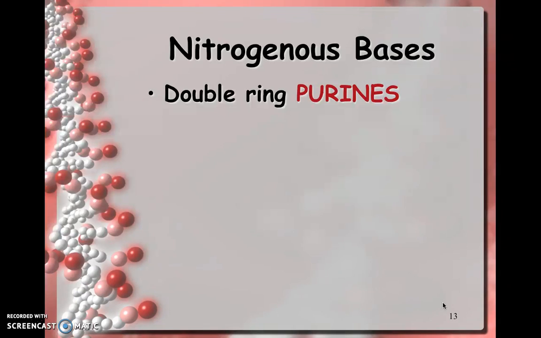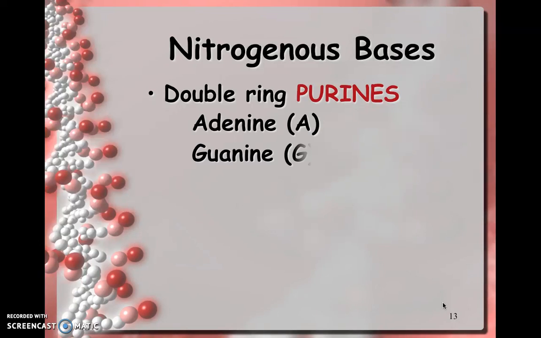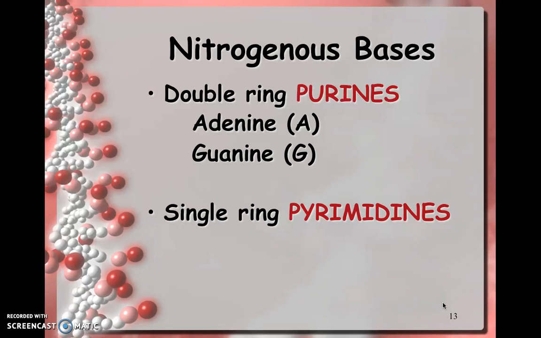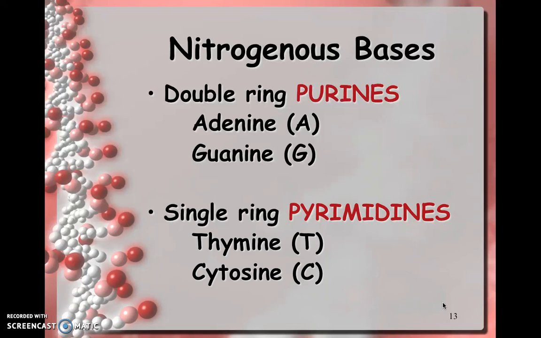Okay. You may have noticed that on the different nitrogen bases, some had double rings and some had single rings. The double-ringed structures are called purines, and our adenine and our guanine are purines, and our single rings are pyrimidines, and that is thymine and cytosine.